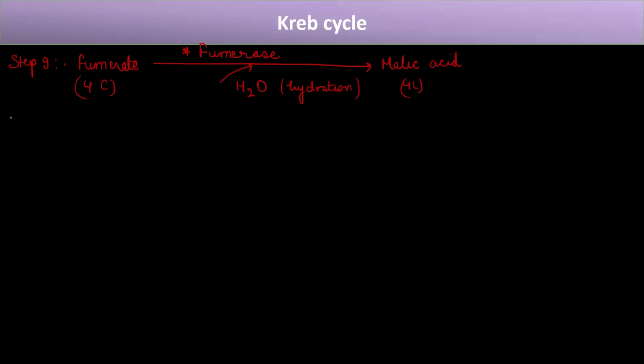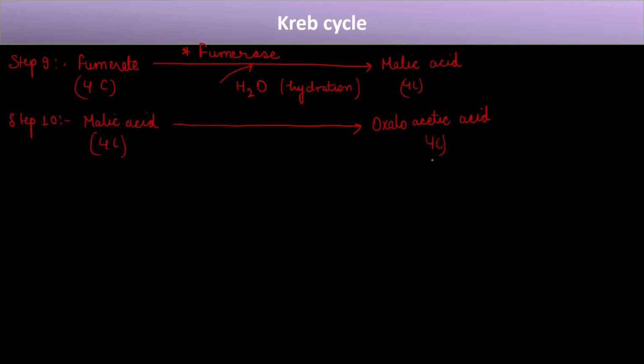And finally, step 10. What happens in step 10? Here, the malic acid finally gets converted into what? The initial compound from where we started, that was oxaloacetic acid. This is 4 carbon, and the oxaloacetic acid, if you remember, was 4 carbon, right?